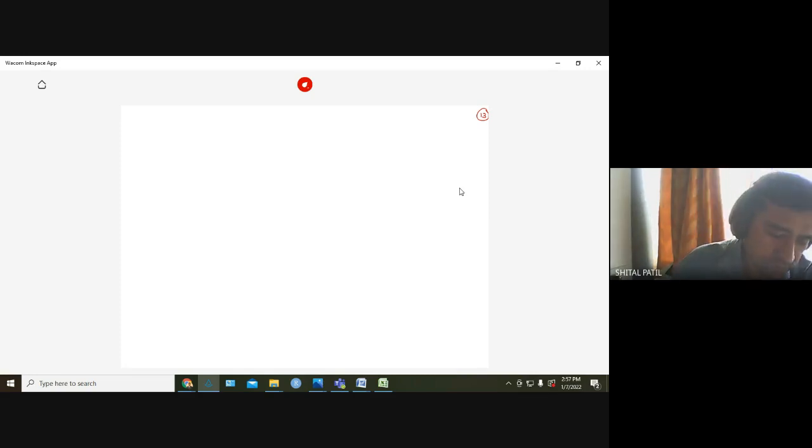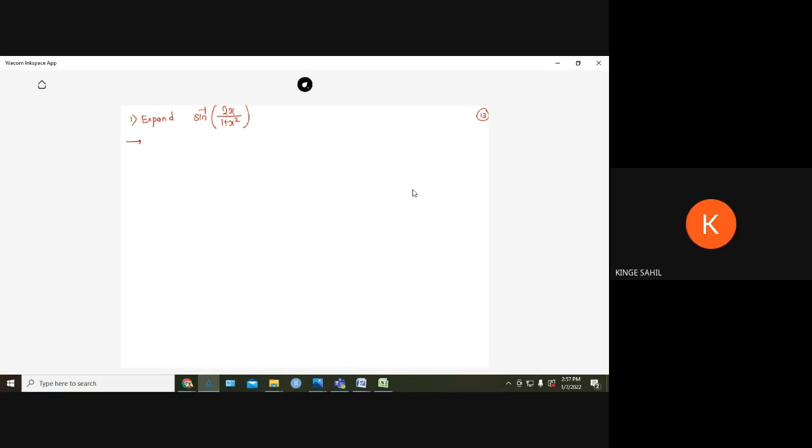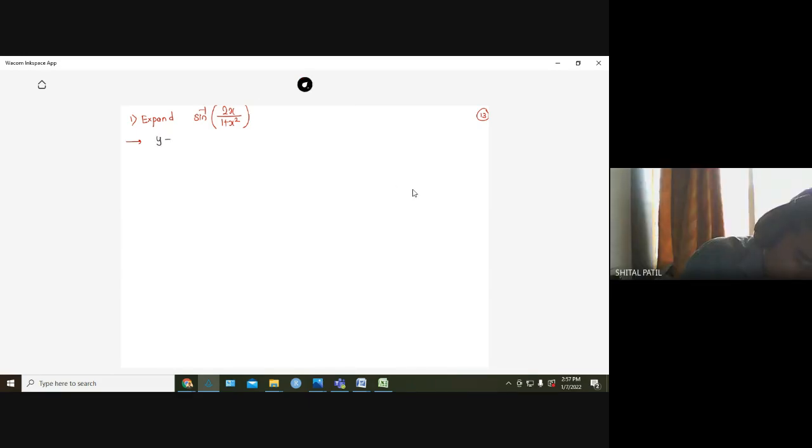One: y equal to sine inverse of 2x divided by 1 plus x square. We have to put x equal to tan theta.